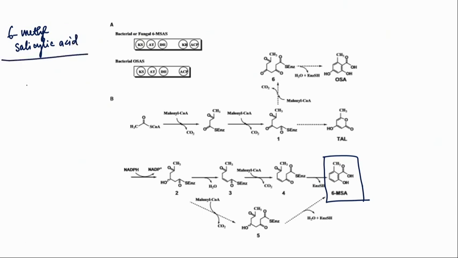It is written here, but let me write again. There is a methyl, there is this acid, and there is a Wedge here. This is 6-methyl, so that is 1, 2, 3, 4, 5, 6 methyl salicylic acid.